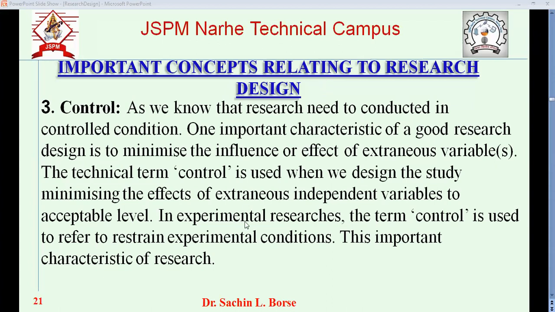In experimental research, control means they restrain the experimental condition. They don't allow the condition to change. That is called control. So this is an important characteristic of research; research is conducted in a controlled condition.